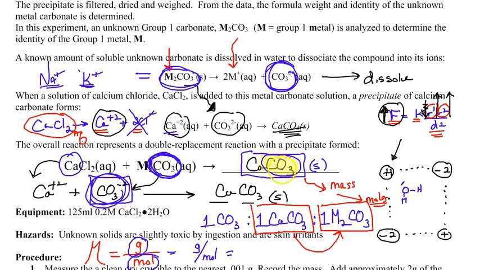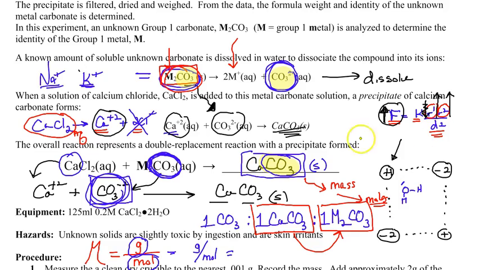So all of the carbonate ions that we precipitate out must have come from all of the what? All of the metal carbonate. So that's our link. And so we know the moles of the calcium carbonate. We know the moles of this. It's a 1-to-1 relationship because there's one carbonate per this formula and one carbonate per that formula. That's really important that you understand.